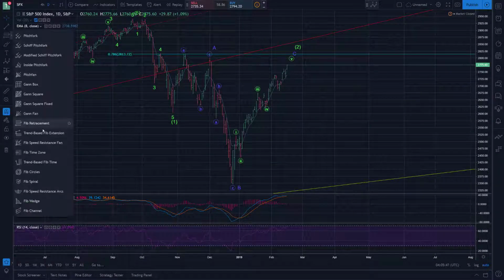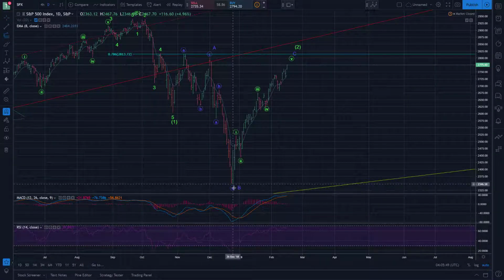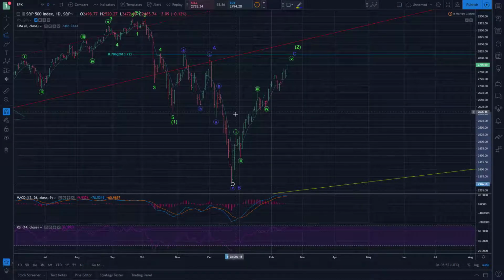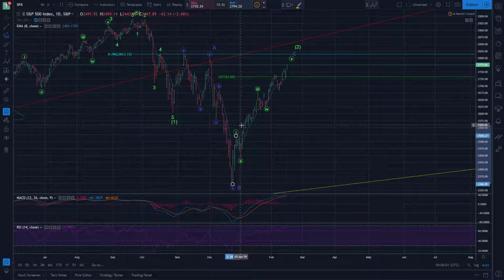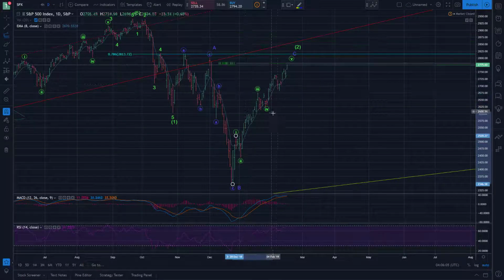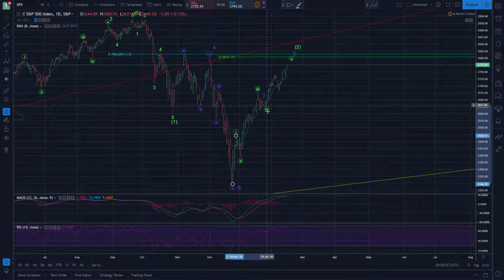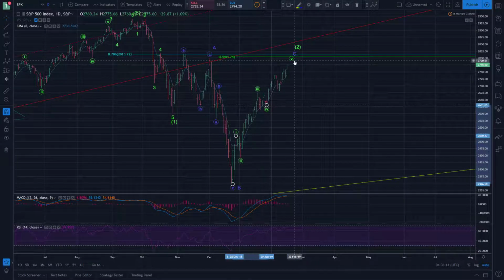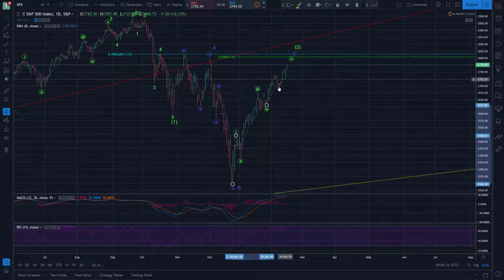We have some more, and you can just do some classic or textbook relationships of impulse waves. So wave 1 to be equal: this is the distance traveled in wave 1 projected off of the termination point of wave 4, where wave 5 would equal the distance traveled in wave 1.